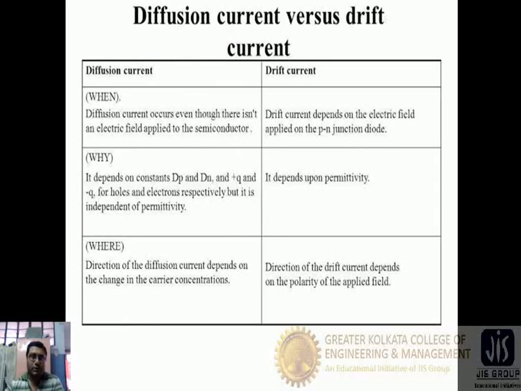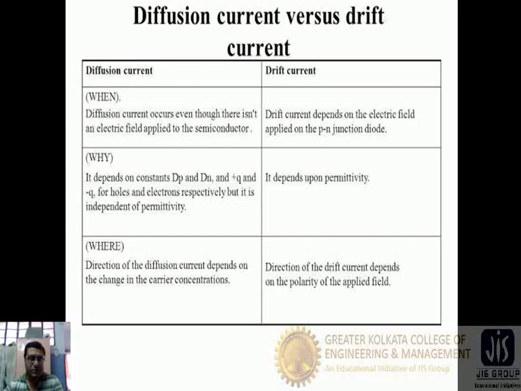Here we can distinguish between the diffusion current and the drift current. Diffusion current occurs even though no electric field is applied to the semiconductor. For drift current, an electric field should be applied in the PN junction diode.